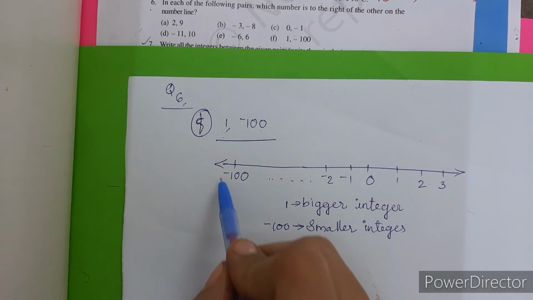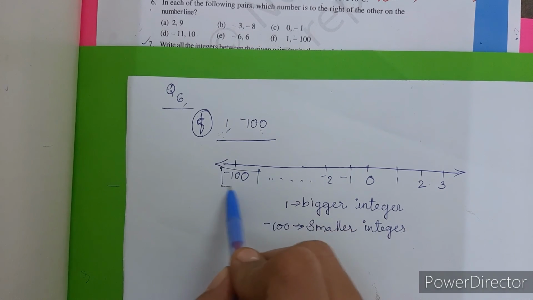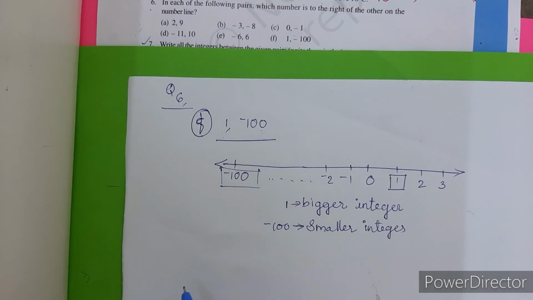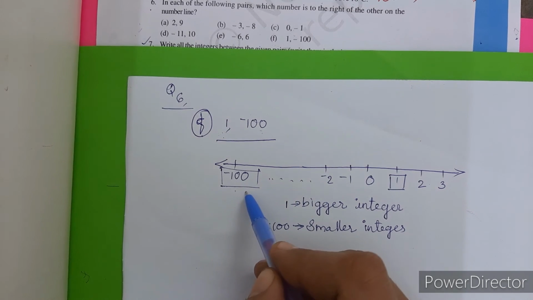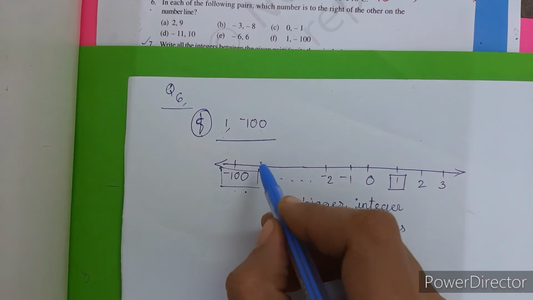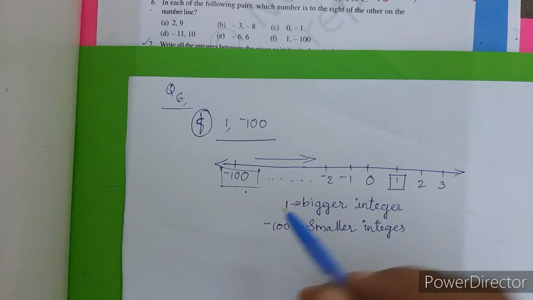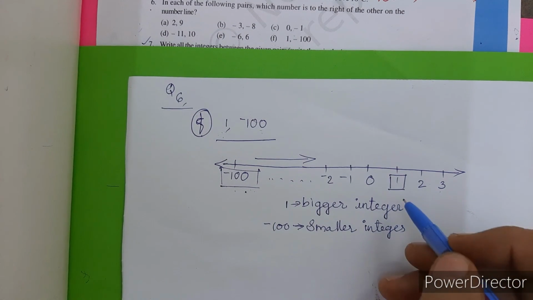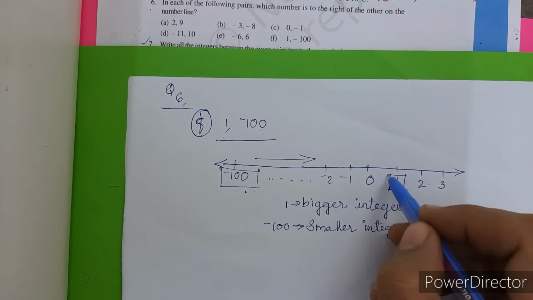First here we can see minus 100, and this is 1. We already said minus 100 is smaller. So the right side of that smaller number, minus 100, is here. We can go from here to there and reach 1.